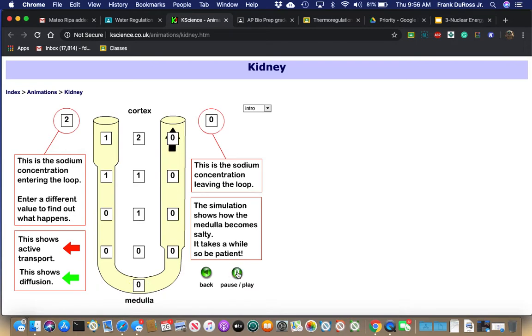This is showing the concentration of sodium as this filtrate moves through the loop of Henle. Again, notice the arrows are showing diffusion versus active transport. In some areas diffusion is moving these molecules across the membrane, and in other areas active transport is moving those molecules.